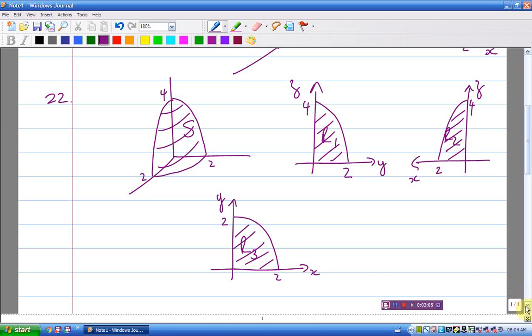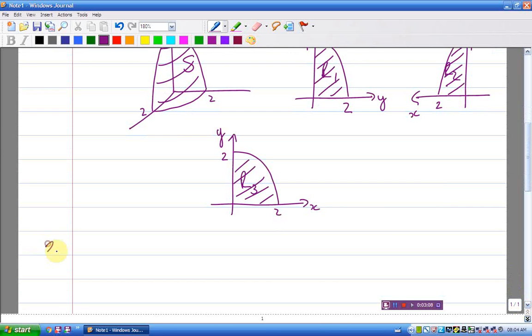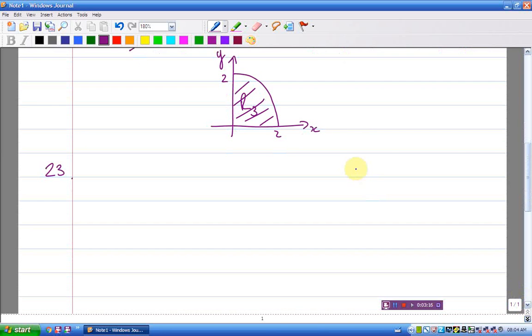I'm going to do exercise 23, which uses the surface that we drew in 21A. So in 21A we drew the surface. We have a parabola like that. I'm correct, aren't I? Yes.